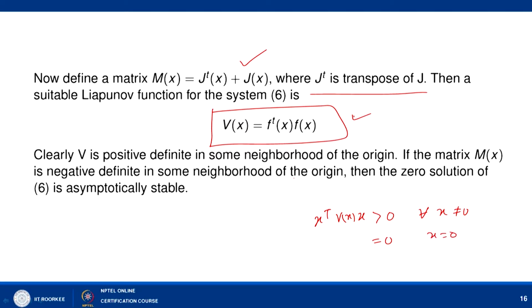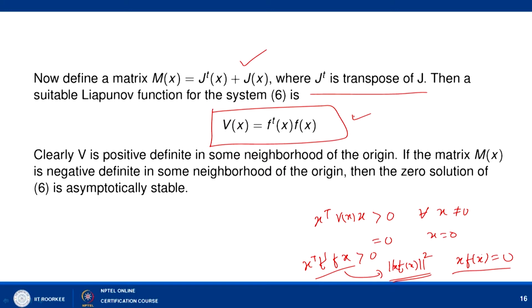If you look here, x transpose V of x is basically f transpose f of x. If we simplify, this quantity is nothing but norm of f of x whole square, and this is all the time non-negative, and we can say that this is 0 when f of x equal to 0.